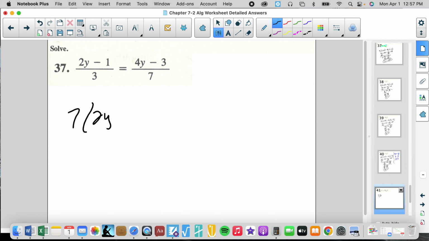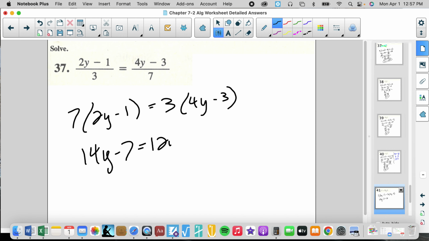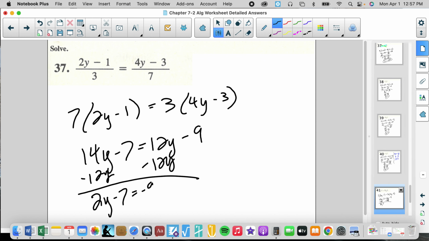7 times the quantity 2y minus 1 equals 3 times the quantity 4y minus 3. 14y minus 7 equals 12y minus 9. Move the variables. 2y minus 7 equals negative 9.